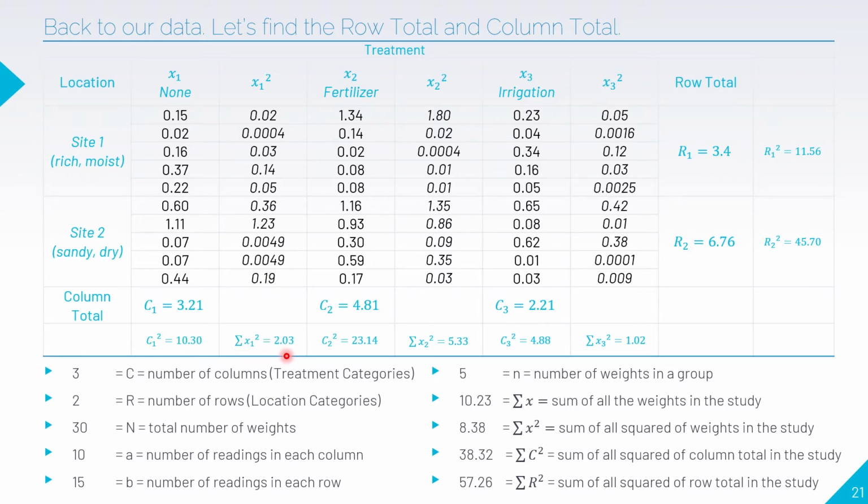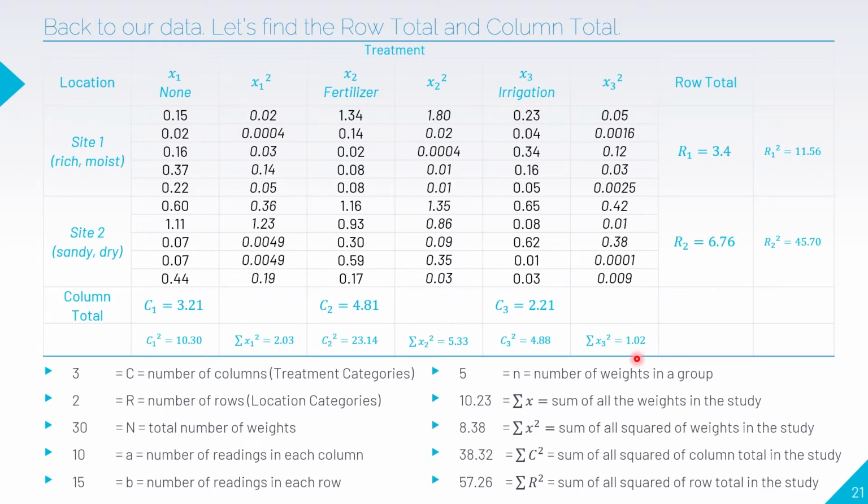Now we have 2.03. Same as this one, x squared of 1.34 equals 1.80, and add this all, we have 5.33. X squared of 0.23, in this column, we have 0.05, add them all, and we have 1.02.